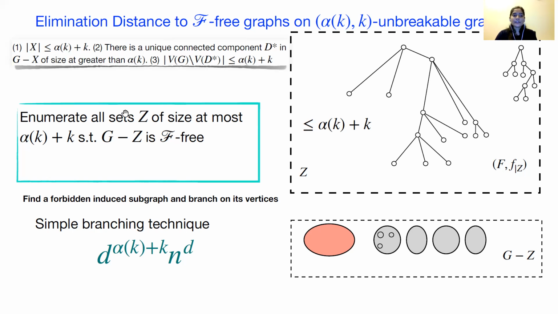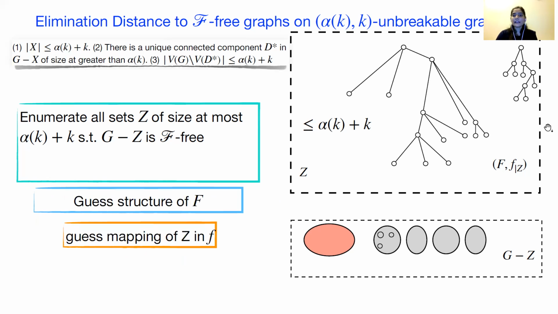So suppose we enumerate all such sets, and as we know that our modulator size is bounded by property 1, we can also guess the structure of our forest. And suppose we consider one modulator Z to F-free graphs, then we can also guess its mapping in my forest.